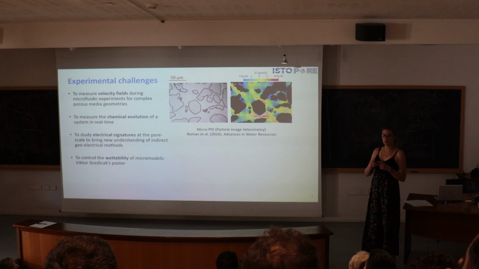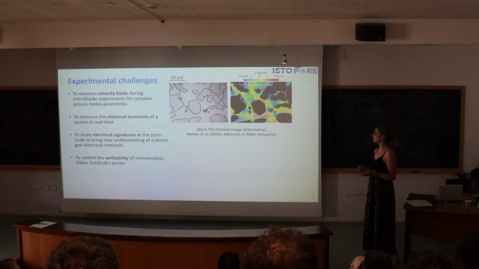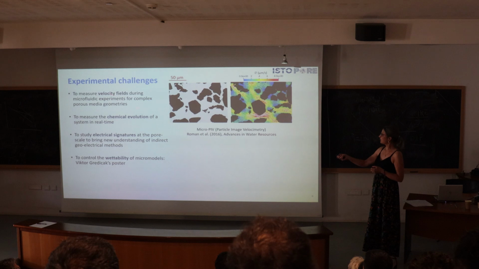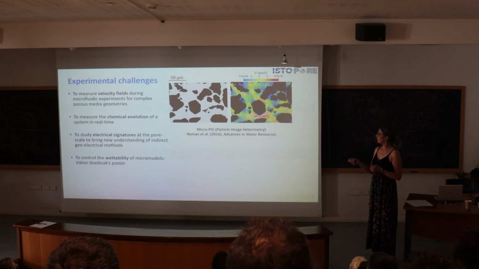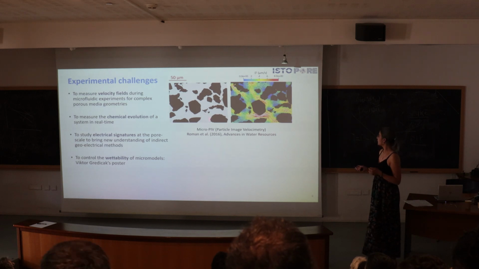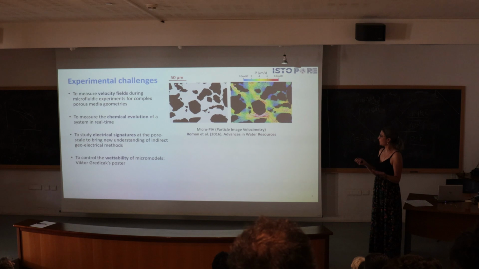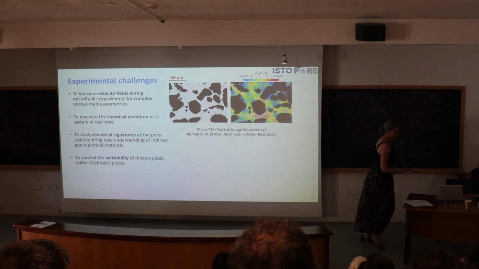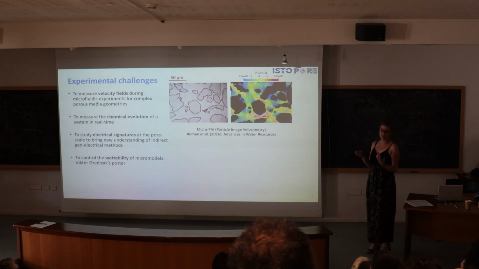In our lab, we also work a lot on improving the methods to be able to measure as many things as possible after our experiments. For example, we used a method called particle image velocimetry, and we apply it to complex porous media geometry, where the idea is to put particles in our fluids as tracers.